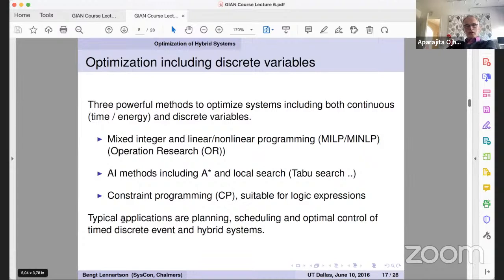And then there is a specific solver called Z3, and that solver includes also optimization. And that means that even these SAT solvers are a fourth way to solve optimization problems.